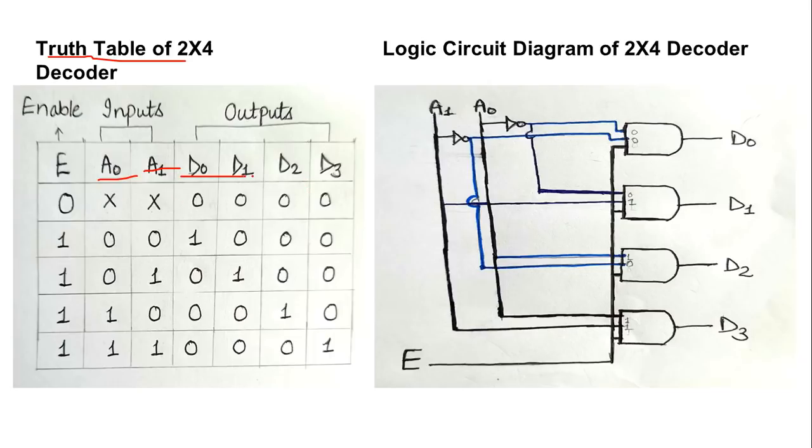Not in every case do all 4 outputs deliver some output. If you closely watch, for input value 0 0, there is only one output which has the value 1, and the rest all have the value 0.